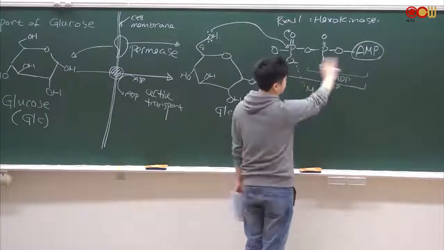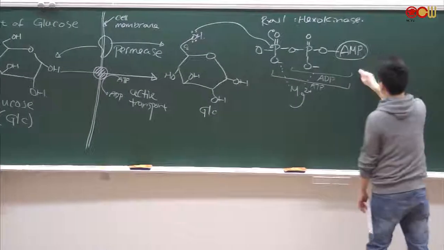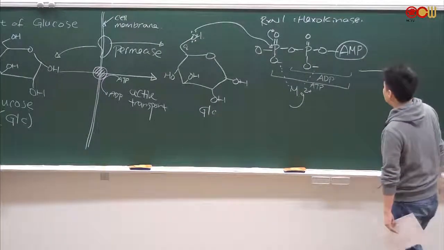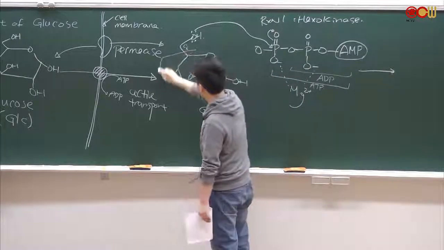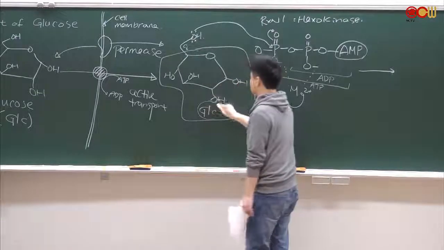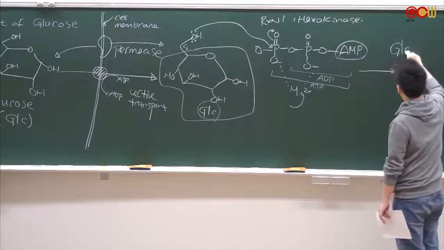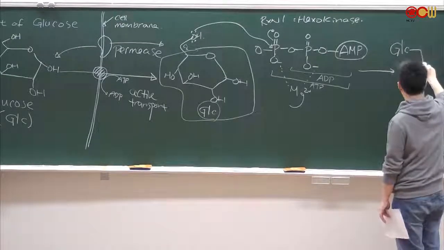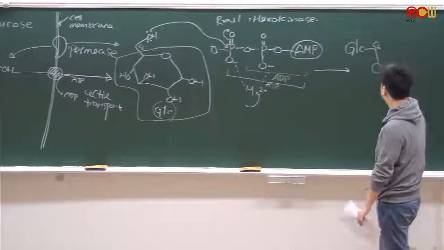And what do you think you get? I'm going to draw the rest somewhere here, and I'm going to call this entire thing just glucose. So you're going to get glucose. Here's the oxygen, so this is carbon 6.